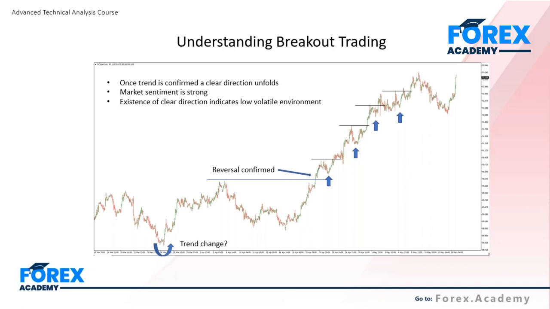And you can see that we've simply highlighted the last corrective pullback prior to the resumption of the uptrend. Those levels mark your risk parameters. In other words, they will be the reference points that you will apply when you are trading your position in order to determine where you will place your stop loss.